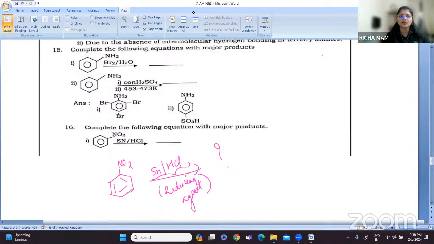Nitrobenzene can be converted into what?